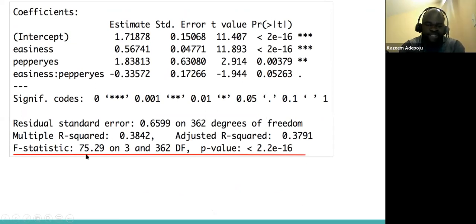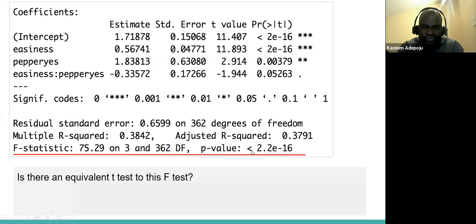Okay, that this is the F statistic value for the test, and these are the degrees of freedom, 3 and 362. Of course, you know how I got 3, right? That's 4 minus 1, and this one is n minus 4. I think you know that, and this is the p-value associated with that.